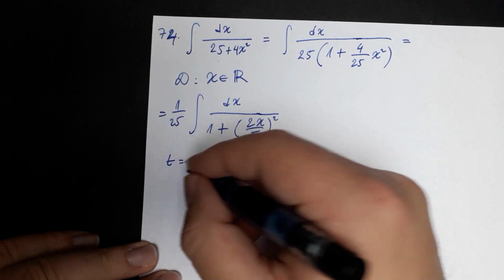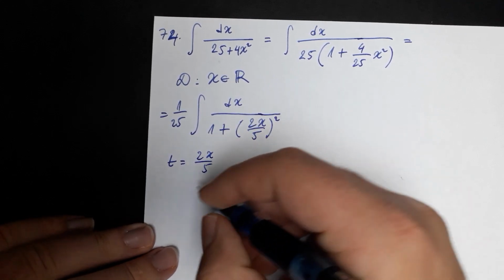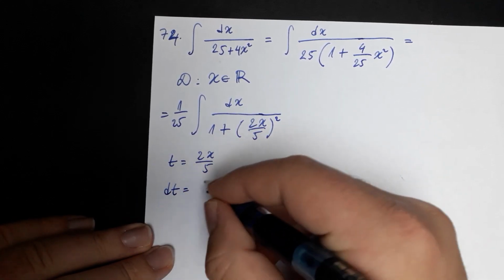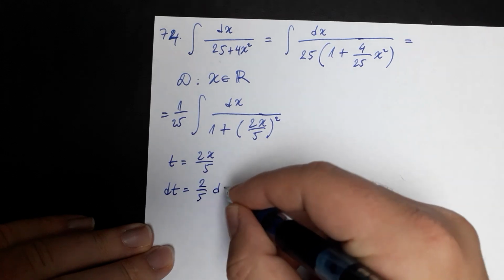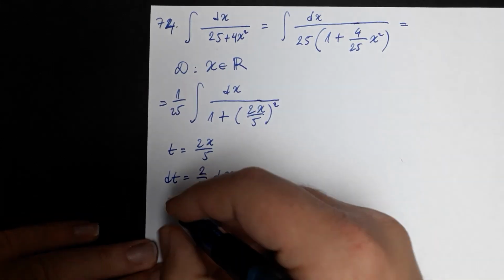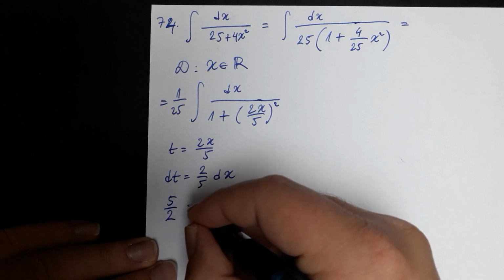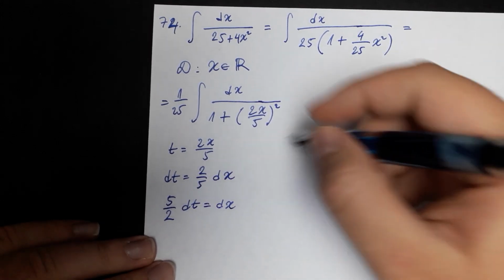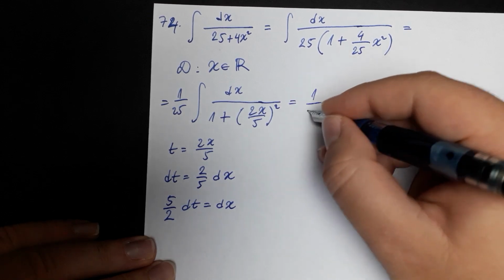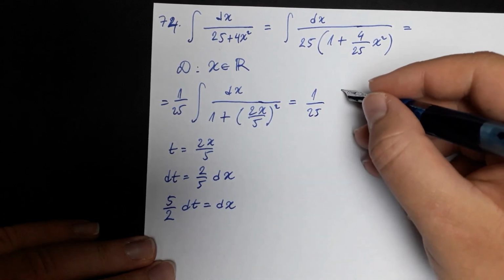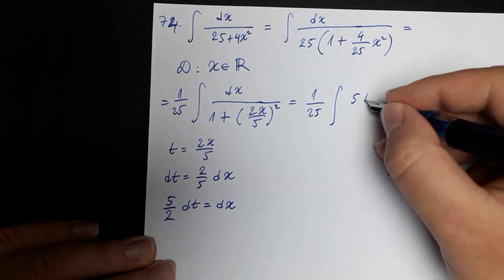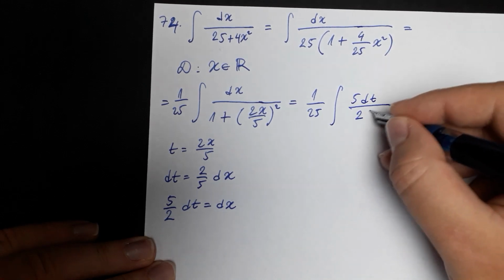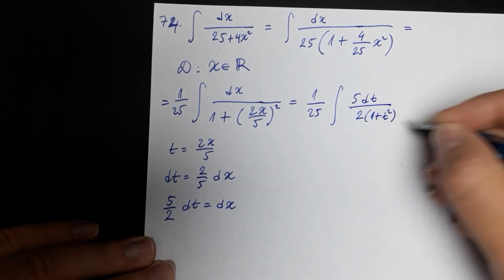t is equal to 2x divided by 5, and then the differential of t is 2 divided by 5 dx, which makes 5 halves of dt equal to dx. This integral then becomes 1 divided by 25, an integral of 5 dt divided by 2 times 1 plus t squared.